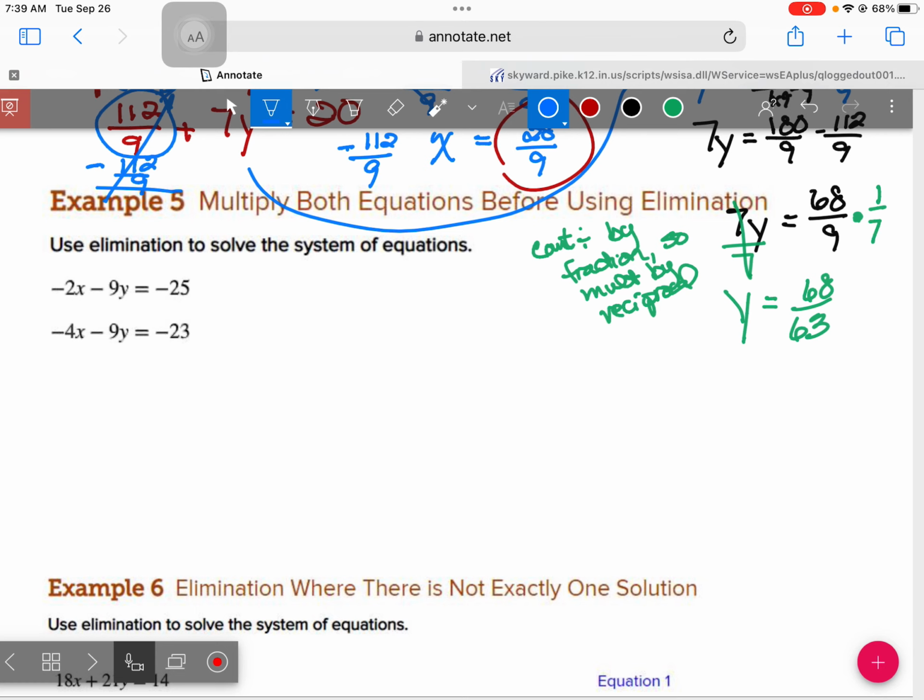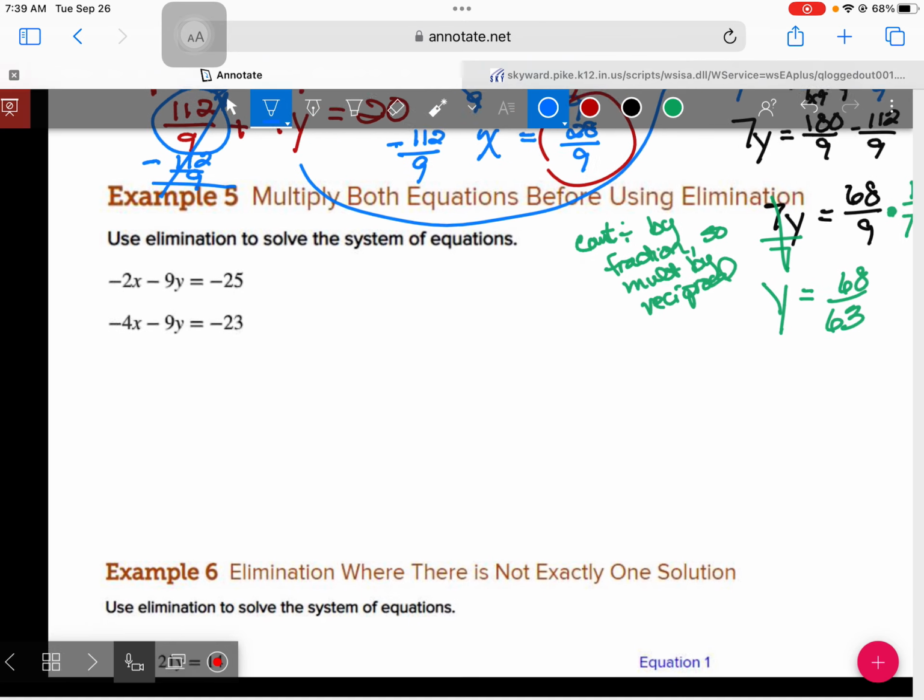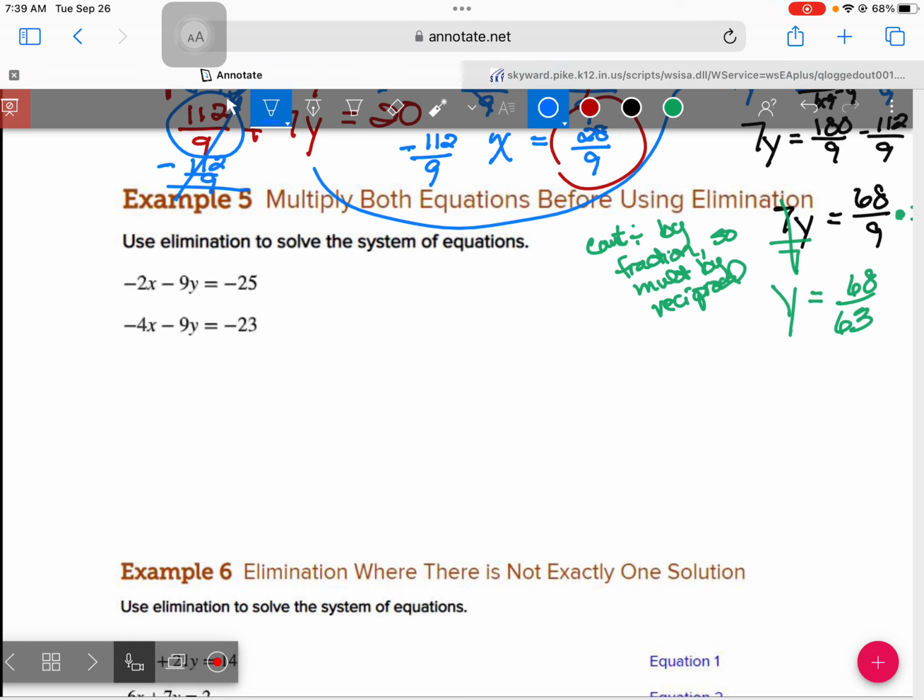Yeah, so technically you can just multiply by negative 1. Yes, multiply by negative 1. So I'm looking at right here. This has a negative 9y. This has a negative 9y. If I multiply this top one by a negative 1, and I mean every term by negative 1, that will change this y term to be a positive, okay?